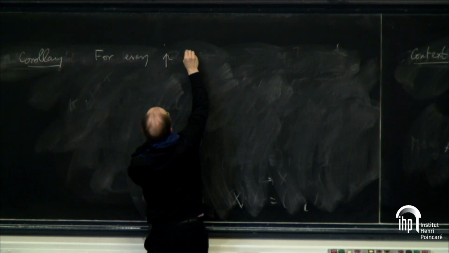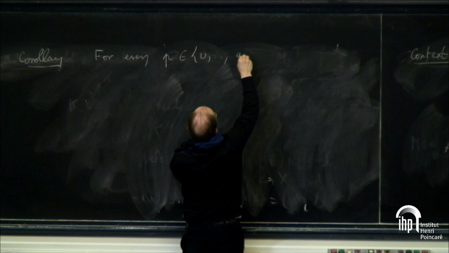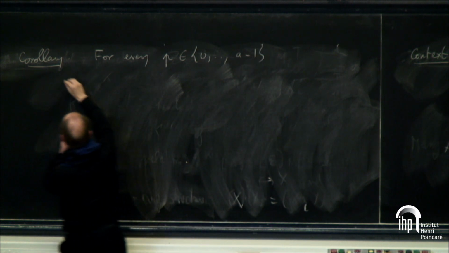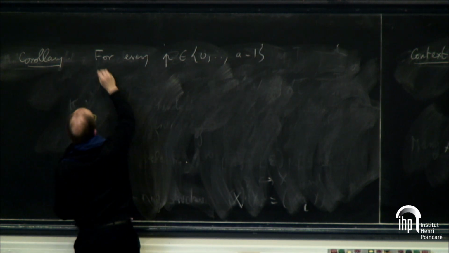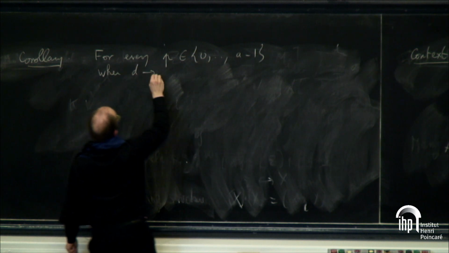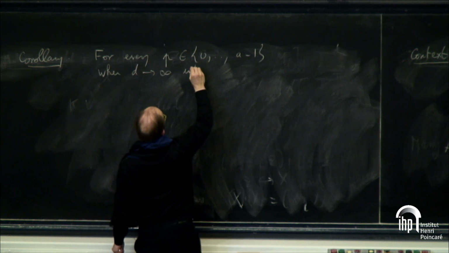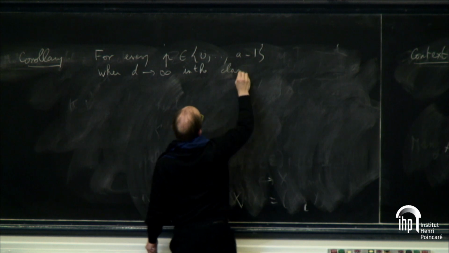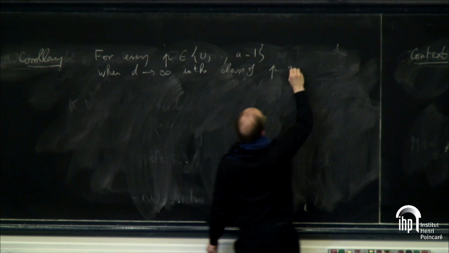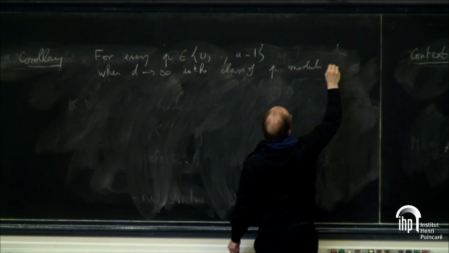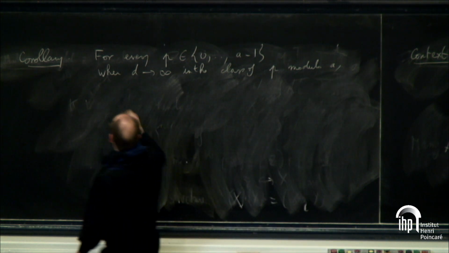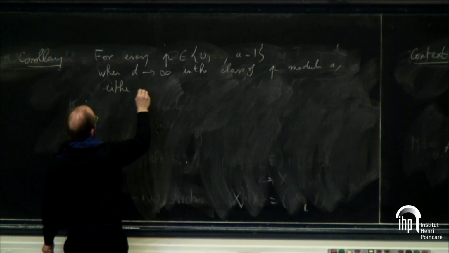For every integer p between 0 and n minus 1, when d goes to infinity, in the class of P modulo A, two things can happen.